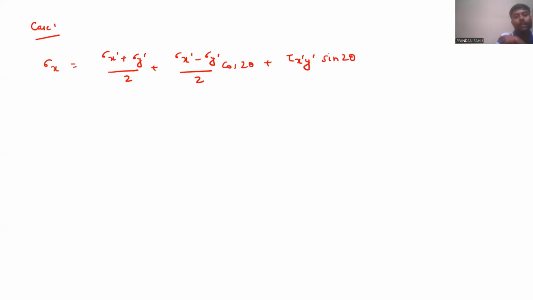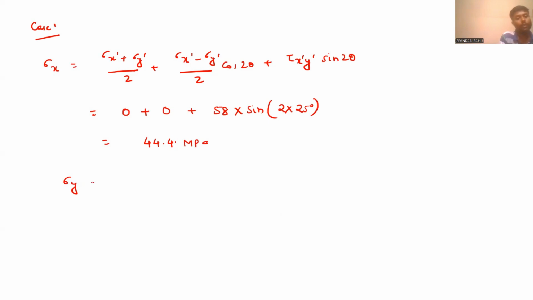So sigma x prime, sigma y prime, all are 0. The only thing is tau x prime y prime is 58 MPa. So this will be 0 plus 0 plus 58 into sine of 2 into 25 degrees. So 58 sine 50 is coming out to be 44.4 MPa.